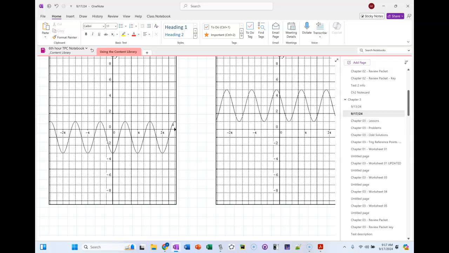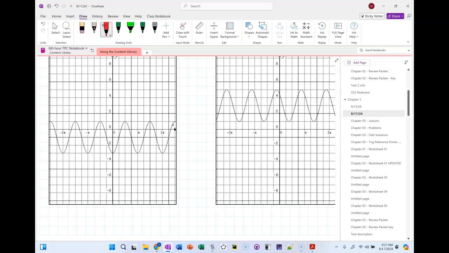So let's take a look here at this first picture. And let's try to write the equation for this one, okay? So the first thing we want to do is locate the midline. Who can see where that midline is?